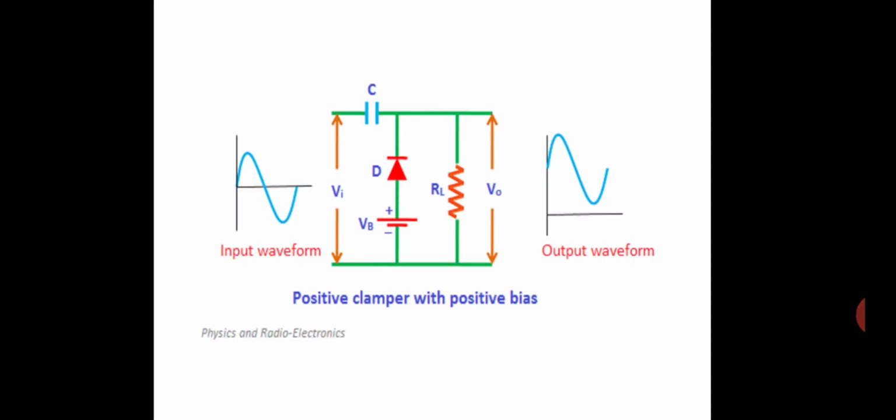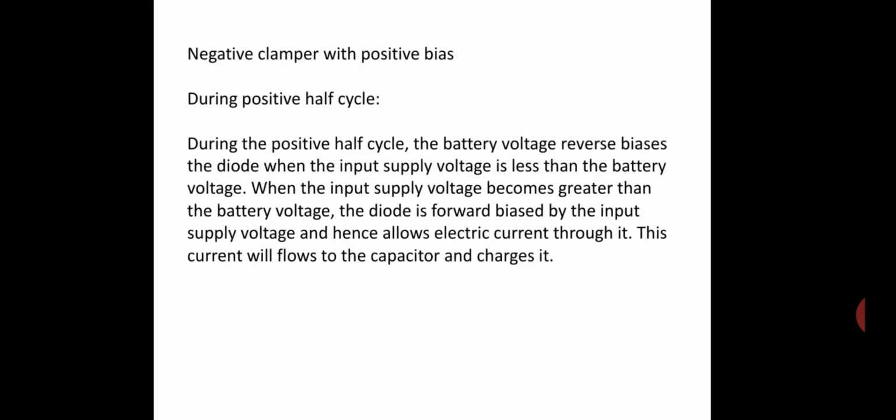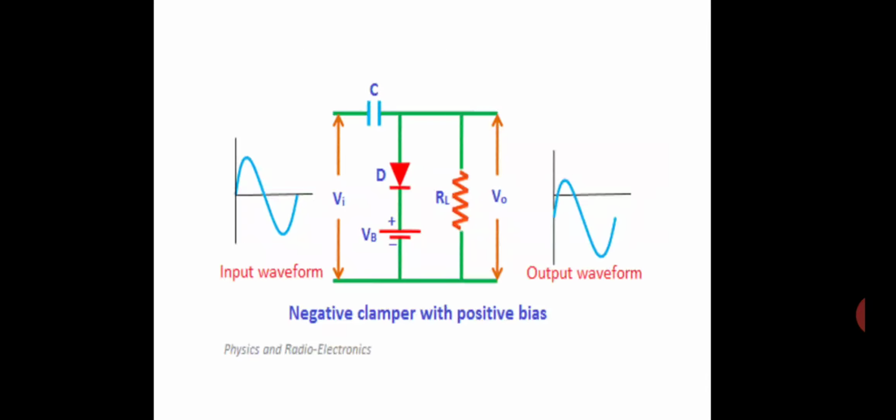See in the figure, the diode positive terminal and battery positive terminal are connected together, so it is called positive bias. And positive clamping means the output is always in the forward positive direction. The next circuit is the negative clamper with positive bias.